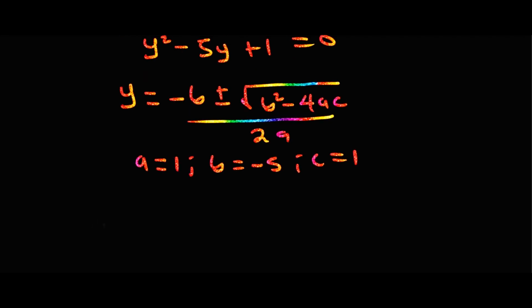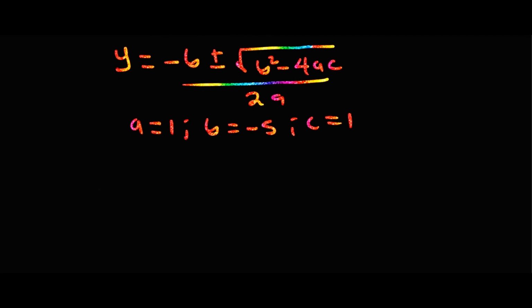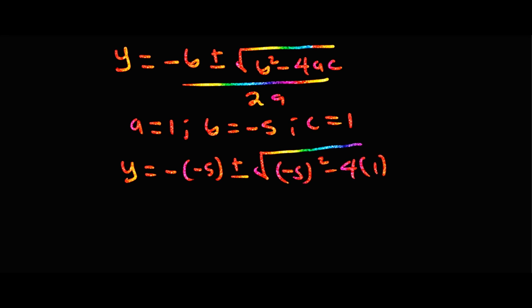So the next thing is just to make the substitutions. So y is minus b, and b is minus 5, plus or minus the root of b squared, and b is minus 5, minus 4 times a times c, and this is over 2 times a, which is 1.